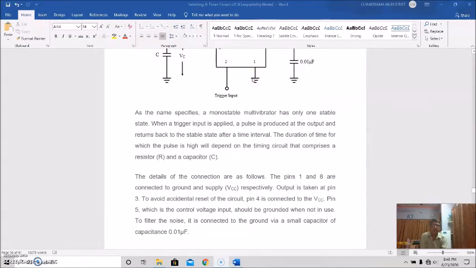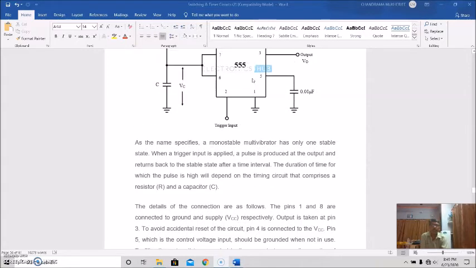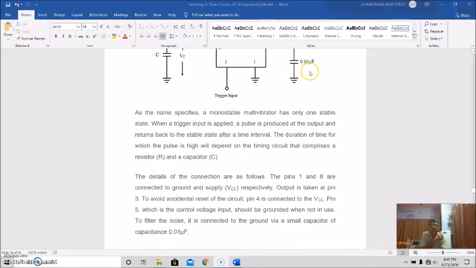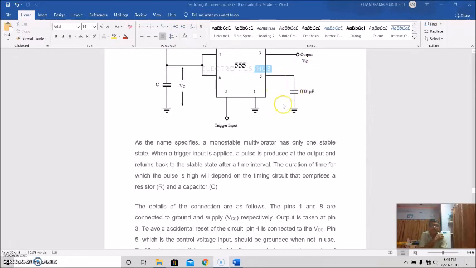Pin 5 is the control voltage input. When not in use, it should be grounded, and to filter the noise, it is connected to ground via a small capacitor of 0.01 microfarad.